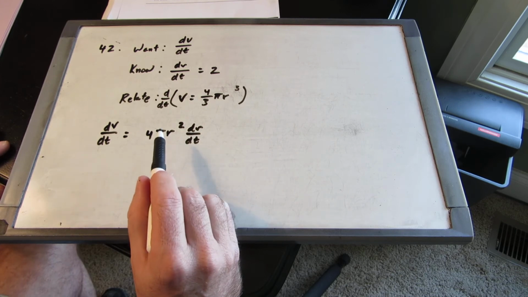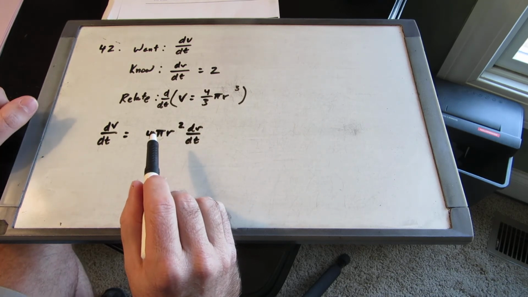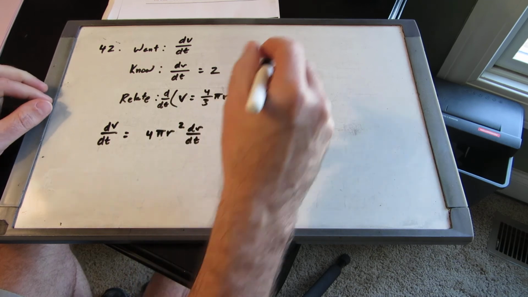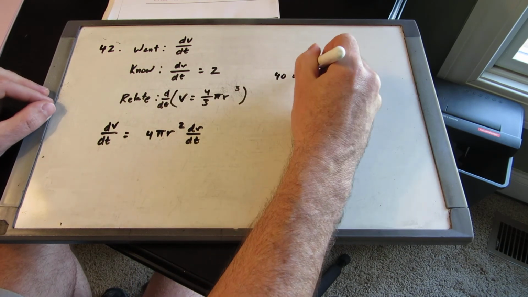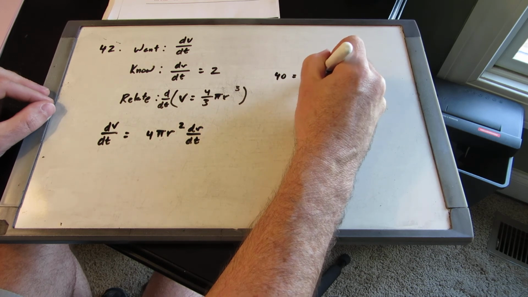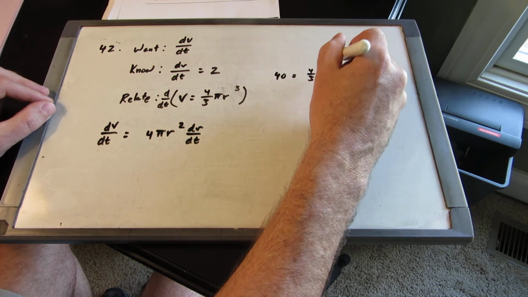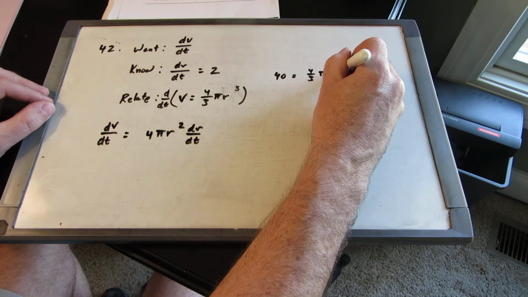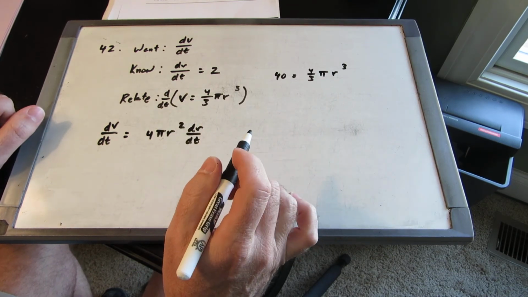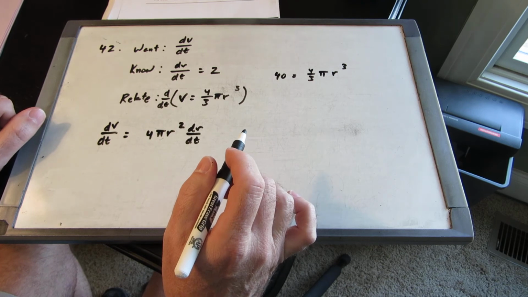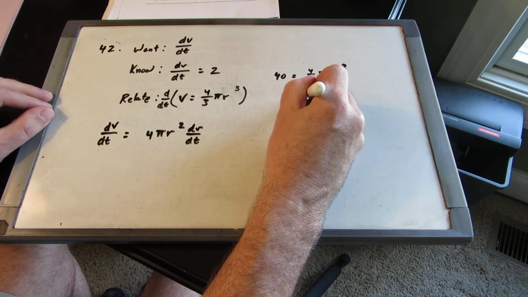It says that when the volume of the sphere is 40, we can set that up: 40 is equal to 4/3 pi times r cubed. You can use your calculator to solve that, and you'll get a radius of about 2.12.